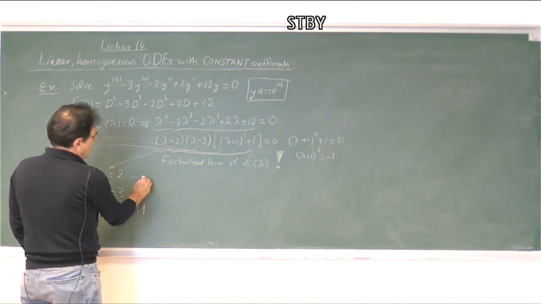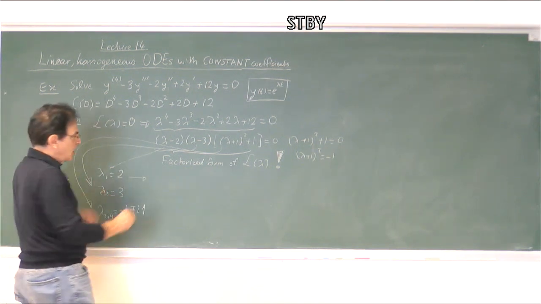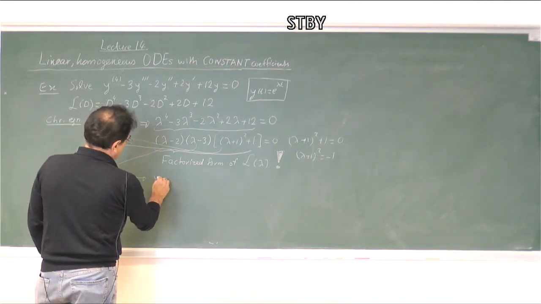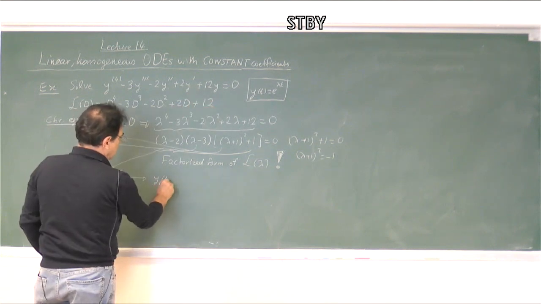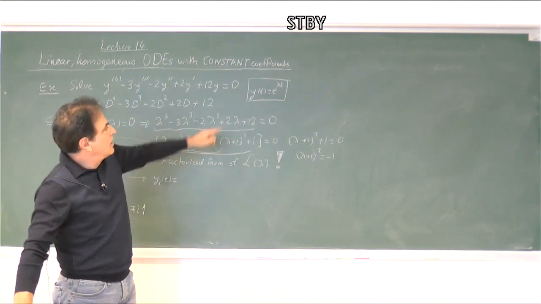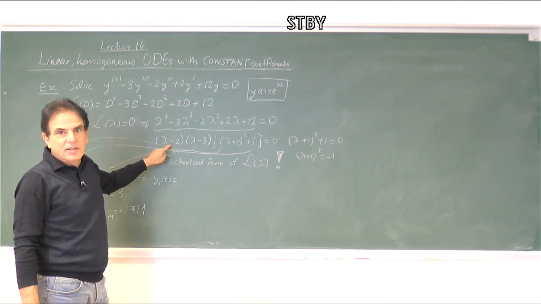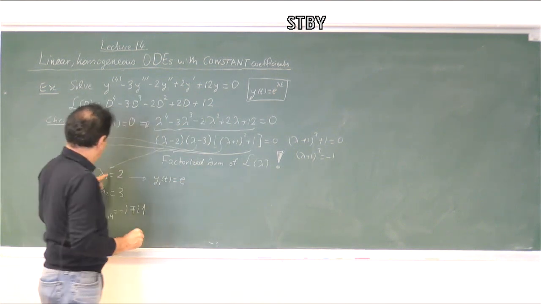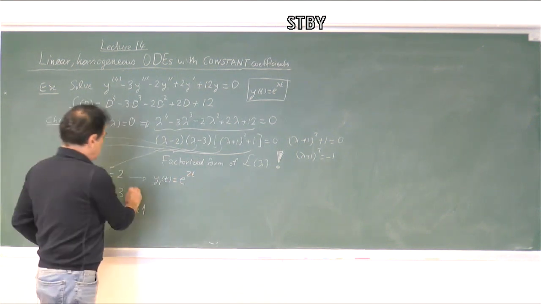So these are real and distinct roots. Case 1 tells us that the first solution, obviously, as we propose a solution like that, and since lambda satisfies the characteristic equation, the exponential function with lambda 1 equal to 2, e^(2t), is indeed a solution.